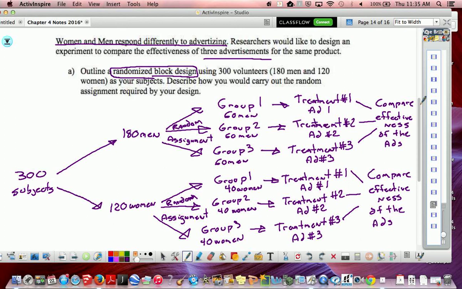Now, if they set up something like older and younger people, or people over the age of 40 versus people under the age of 40 respond differently to ads, you'll kind of know, because they'll give you two age groups. They lead you into what you should block by.